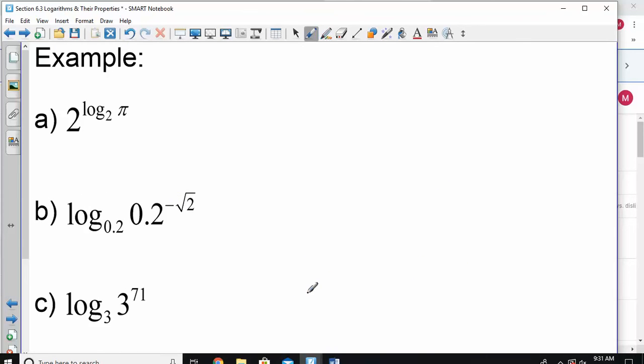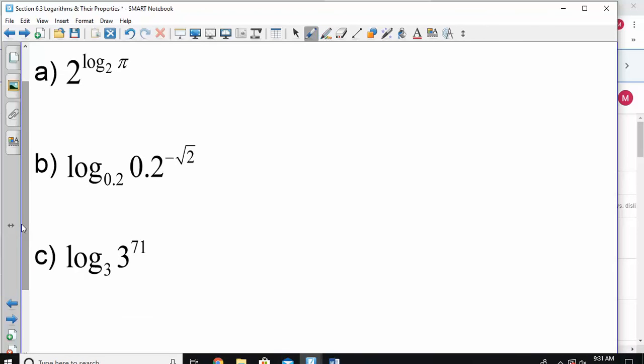So here are your 3 columns. Tell me what those things mean. Is log 2 to the log base 2 of pi.